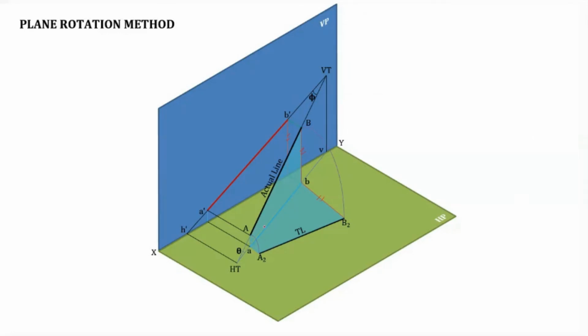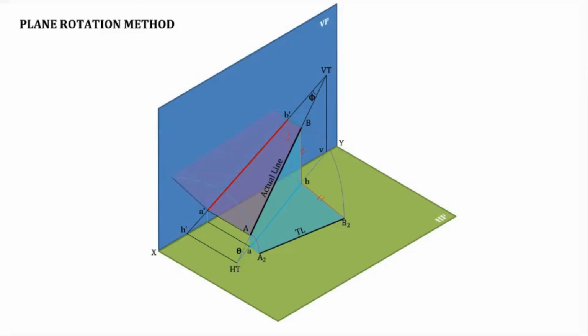Likewise, you can consider another plane in which the front view as well as the actual line is involved. Here A dash B dash is our front view and AB is our actual line. Now this particular plane, this trapezium, the planar figure, not an entire plane, is rotated in such a way that it completely lies in VP, like this.